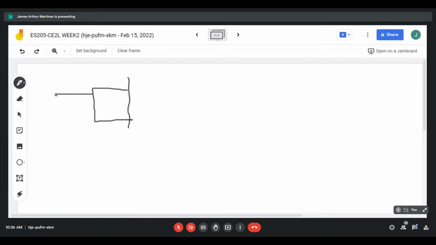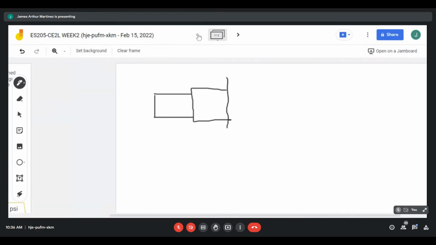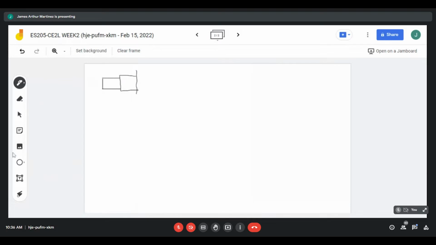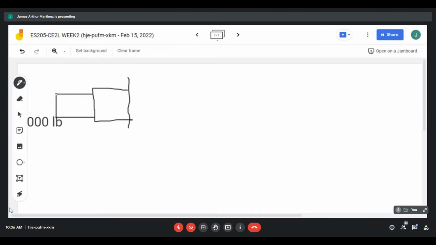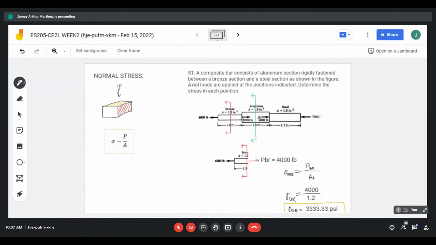So 4,000 pounds here, and this is the actual load at the connection of bronze and aluminum, which is 9,000 pounds.